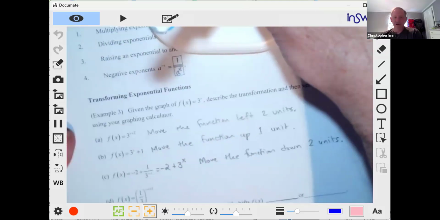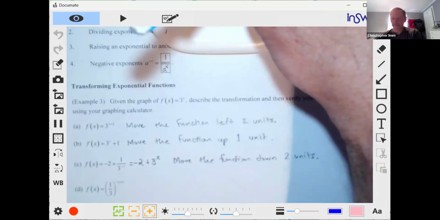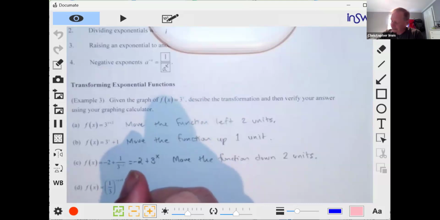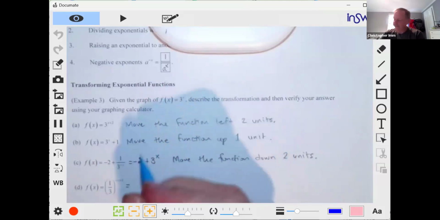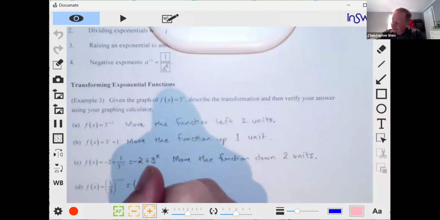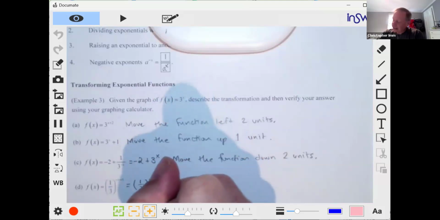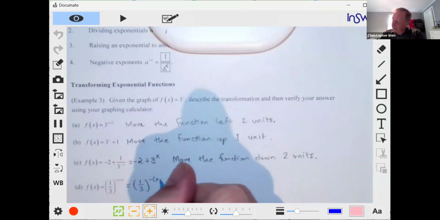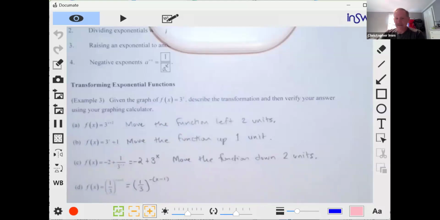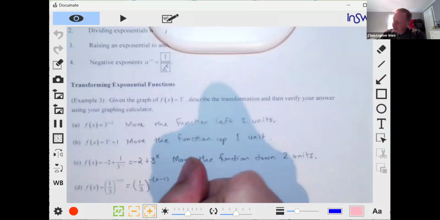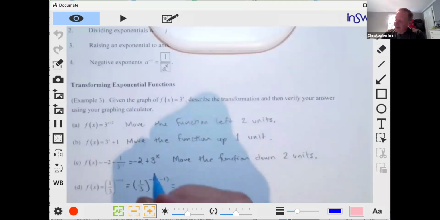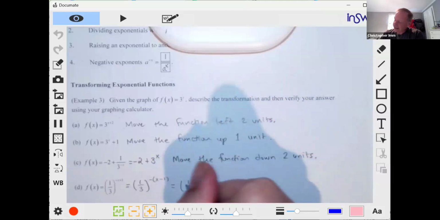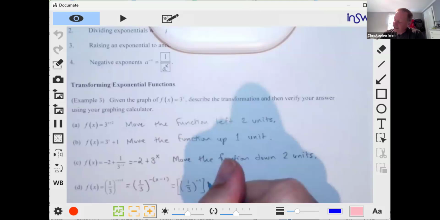Finally, I have one more here, and that is 1/3 to the negative x plus 1, if you can see that. What I'm going to do here is factor that negative out. I'm going to make this 1/3 to the negative, and if I factor out a negative from the negative x plus 1, I get x minus 1. And so 1/3 to the negative x minus 1, I'm going to take that 1/3 to the negative 1, and I'm going to make that 3.